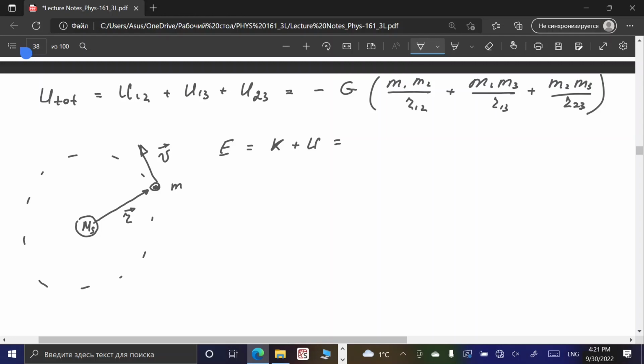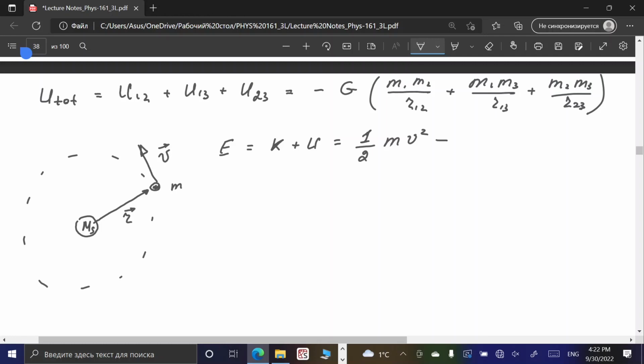So we neglect the rotation about its axis. So in this case we have just 1/2 times m v squared.